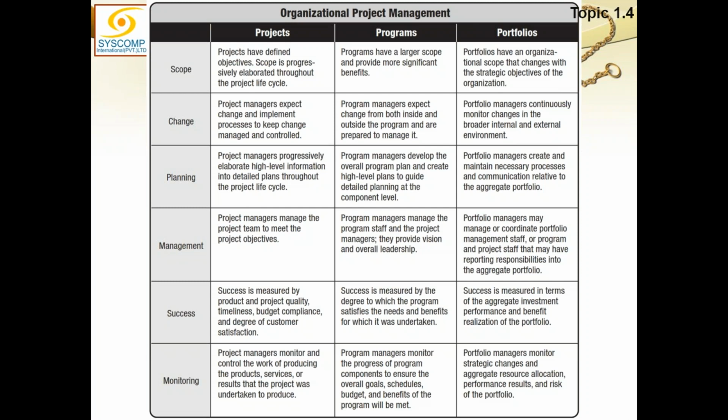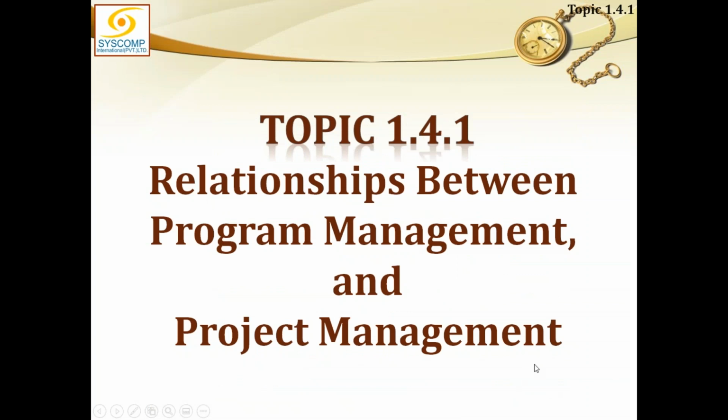If organizational strategic objectives change, the portfolio itself, the organizational scope, changes. I'm not going to go through all of it because this is generally known to you already from PMBOK and from other standards. This is everywhere. Let's move on to the next part, that is the relationship between program and project management.